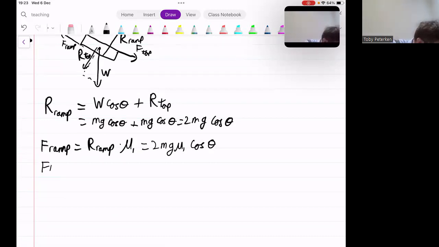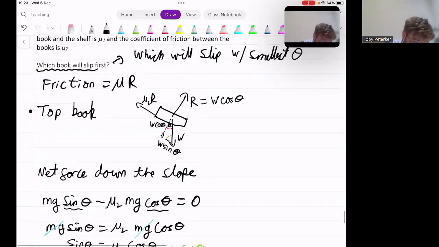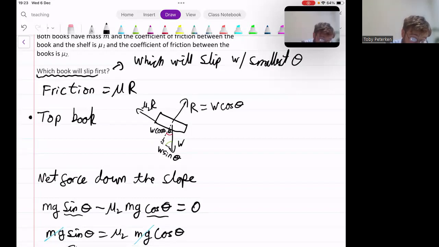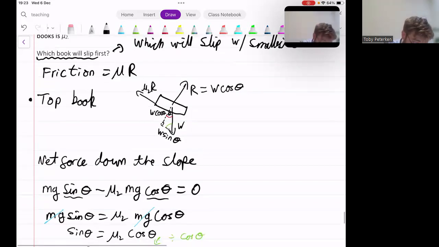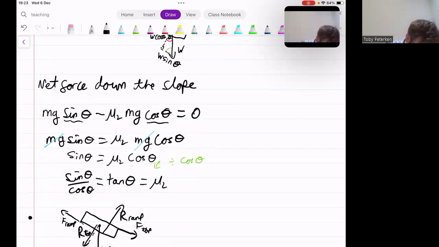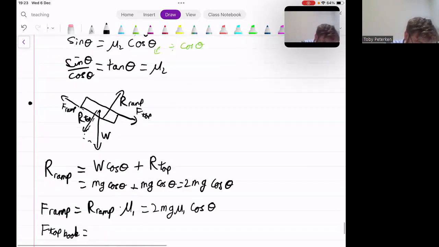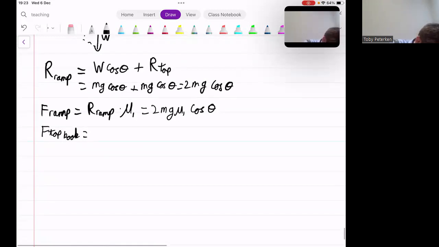The friction from the top book, what pulls it down the slope, is exactly the same as the friction force stopping the top book sliding down, right, from Newton's third law. So this must also equal mu2 mg cos theta.